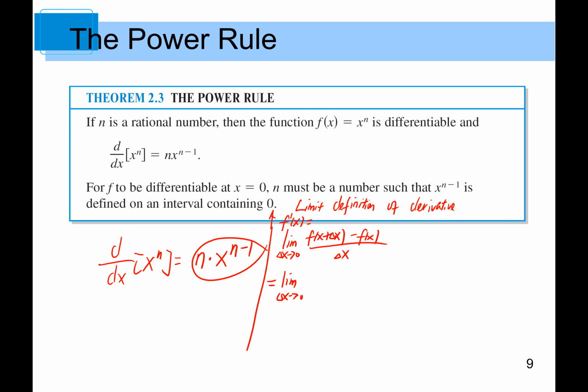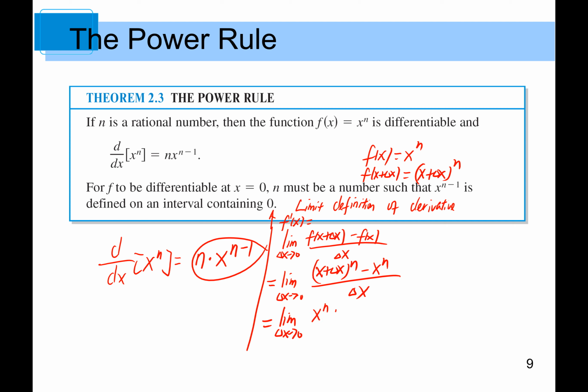So now we have (x plus delta x) to the nth minus f of x, which is x to the n, over delta x. Then if you expand this, it becomes x to the n plus n times x to the n minus 1 times delta x. It's exactly the same as the previous slide, which is this, right? This whole thing. Okay.